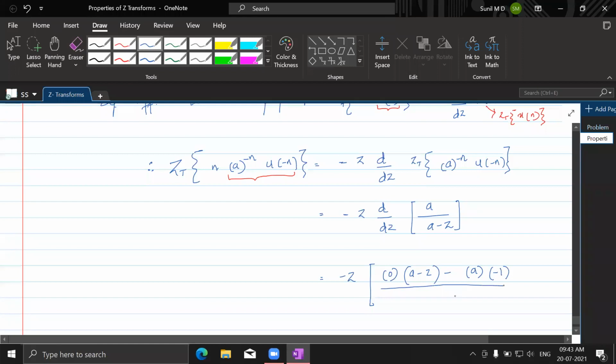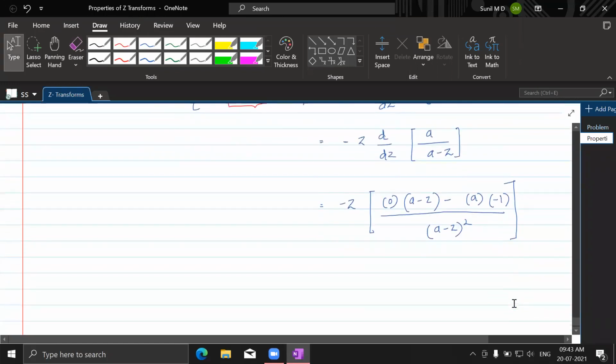So in the denominator, you will have a minus z square. So this is how the differentiation looks. This is gone, this is 0. So you're left with a minus z divided by a minus z whole square. So it is minus az divided by a minus z whole square, with ROC z within the circle with radius a.